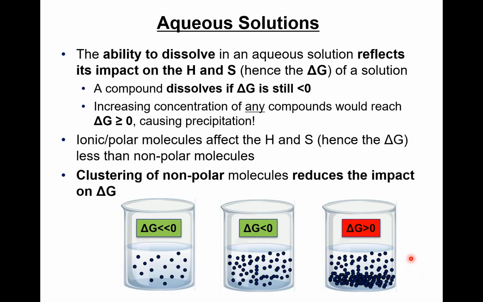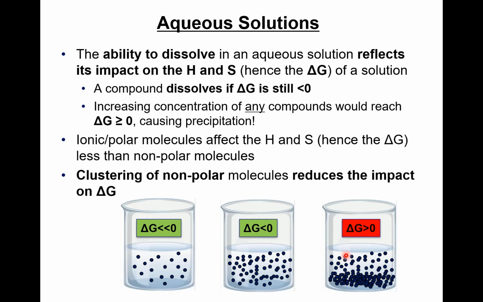So it's not written in stone that the delta G is always positive when you use non-polar molecules, even in that case. What is the difference between a polar and a non-polar compound is where this transition takes place. With non-polar molecules, this transition takes place very early, at very low concentration. With polar molecules and ionic compounds, it takes place later, so you can add much more and dissolve it before the delta G transitions to a positive value, right?